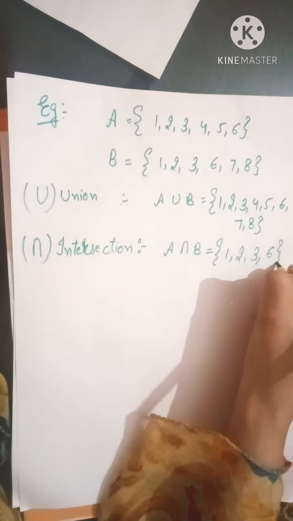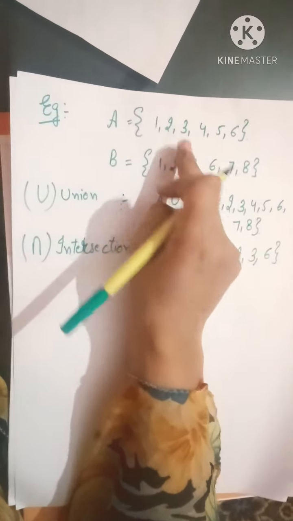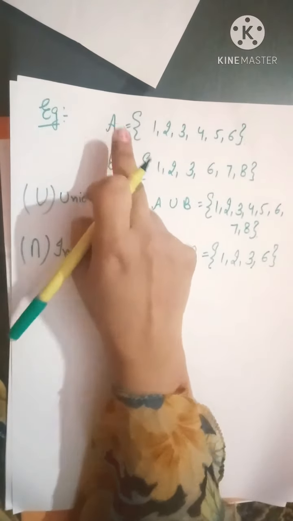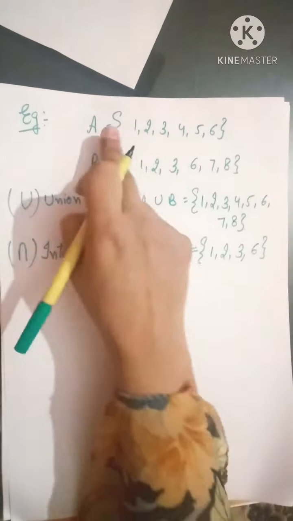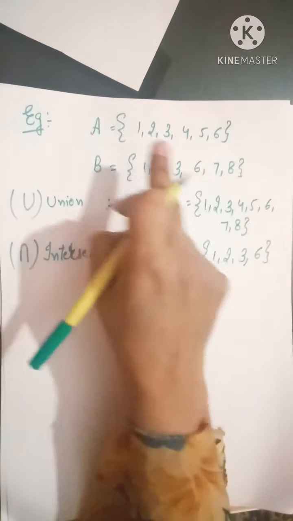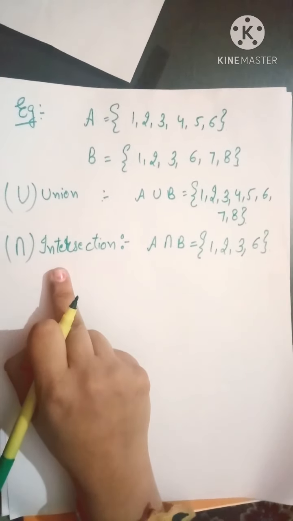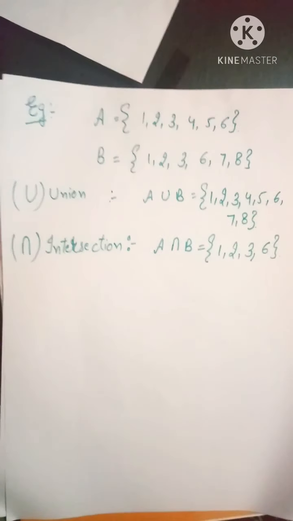That is common to both the sets. That is 1, 2, 3 and 6. 4, 5 belongs to A, but 4, 5 doesn't belong to B. Similarly, 7, 8 belongs to B, but 7, 8 doesn't belong to A. So, hope the union and intersection topic is clear to all the students.